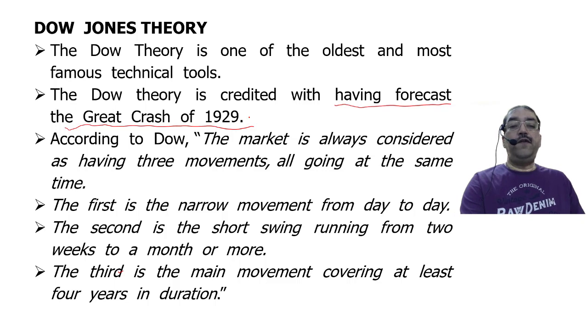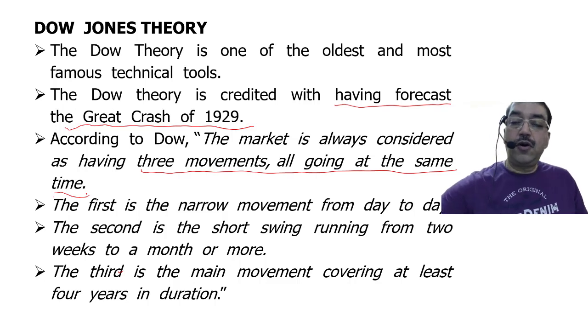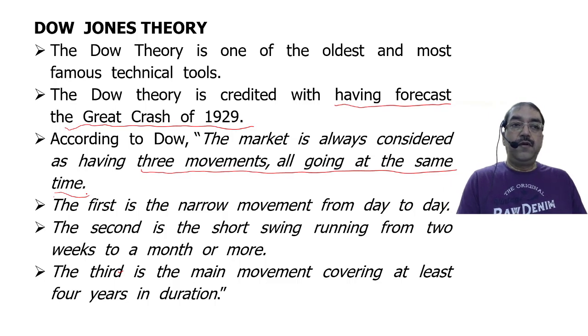What he has said is that there are three movements all going at the same time. So now let us see the movements they are talking about: first, the primary movement, then the secondary movement, and then the third movement.